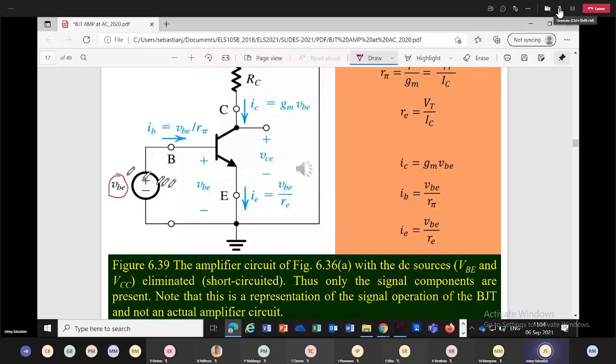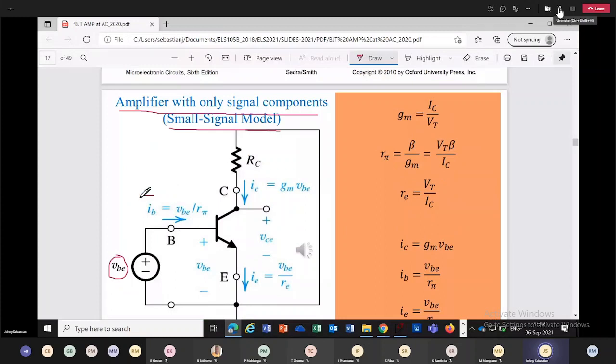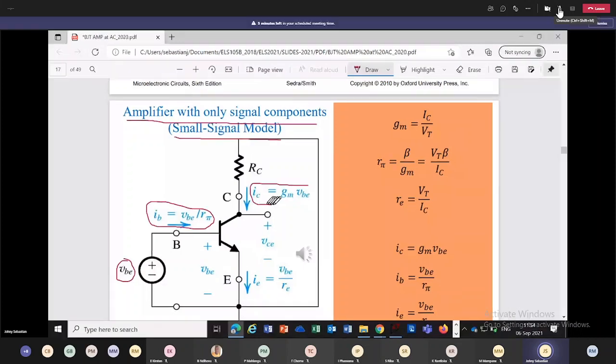Now, it is going to generate first IB, small IB. This is only signal base current. And signal collector current is GM VBE. Remember, we defined this in the previous class, at the beginning of today. And small signal emitter current is VBE over RE.